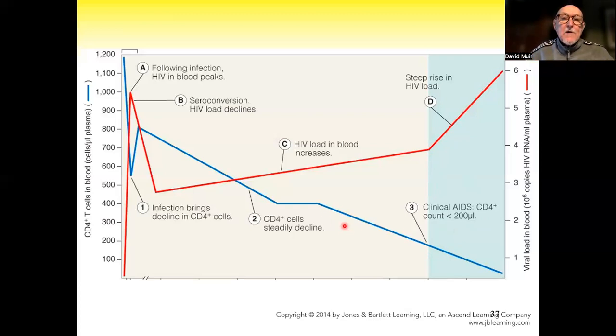At the same time, the HIV load begins to increase prodigiously as all of these T cells die and release their virus. Now, the other important thing to realize is that people are infectious right from early on in the infection, all the way through to death. They are infectious, and this is how the disease was spread.